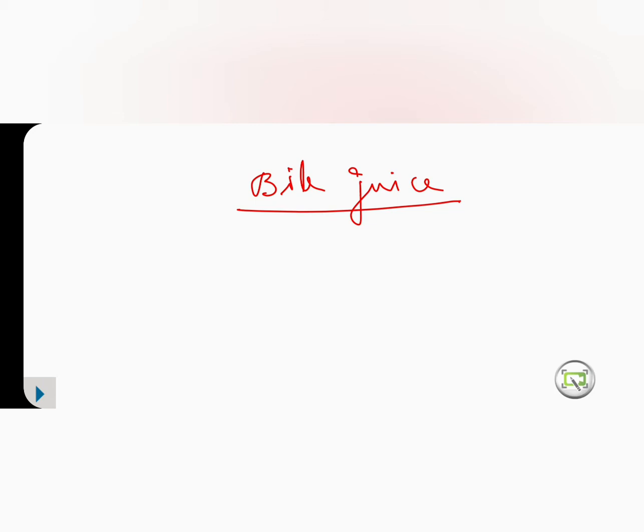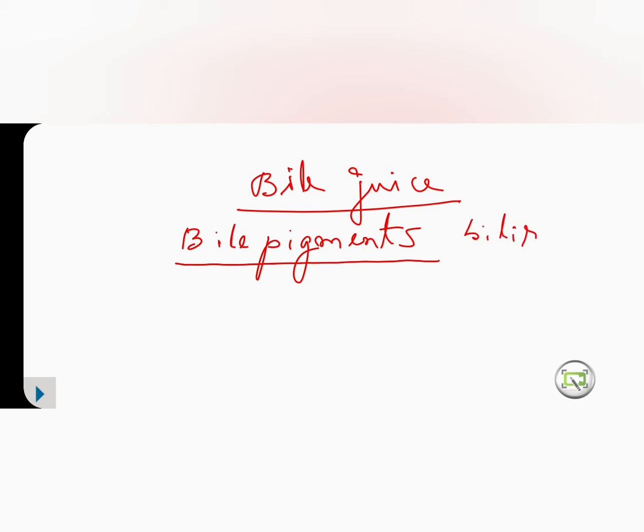This bile juice contains bile pigments. These pigments are formed during the breakdown of RBC in the liver. These bile pigments are of mainly two types. One is bilirubin and the other one is biliverdin.